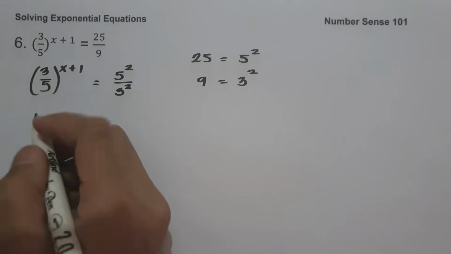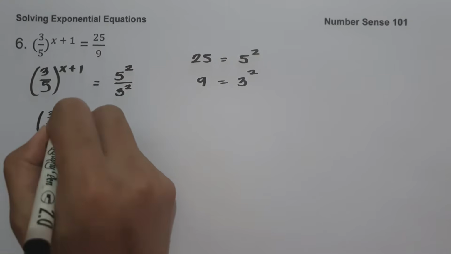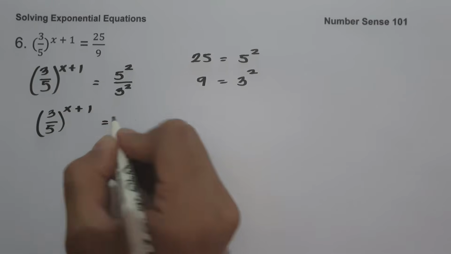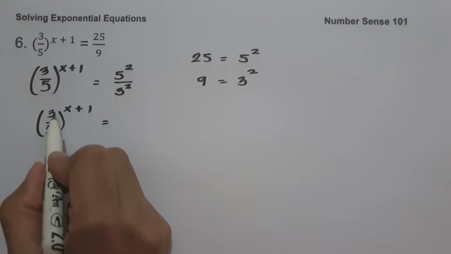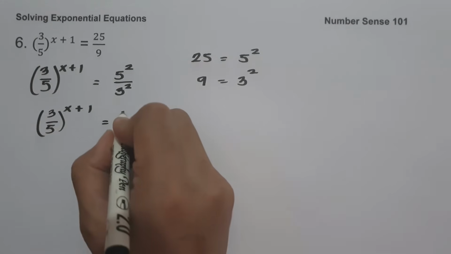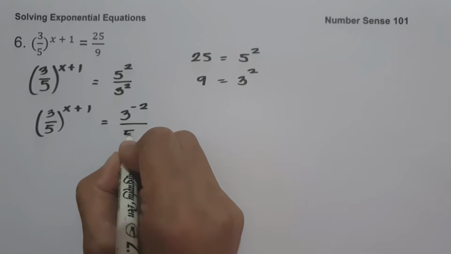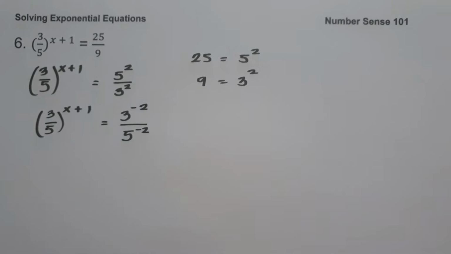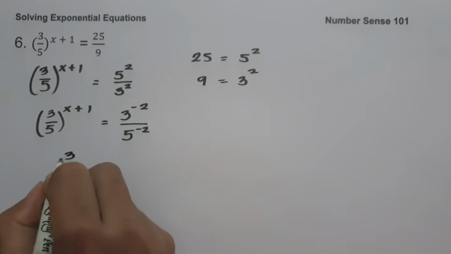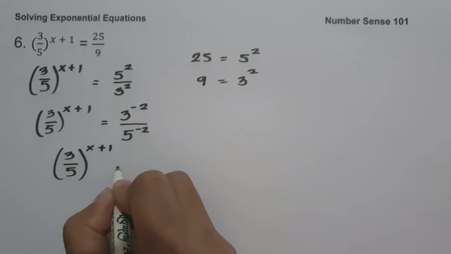So again, let us write 3 over 5 raised to x plus 1. And since 3 is in the numerator and 5 is in the denominator, let us write this one as 3 raised to negative 2 over 5 raised to negative 2. So let us have 3 over 5 raised to x plus 1.